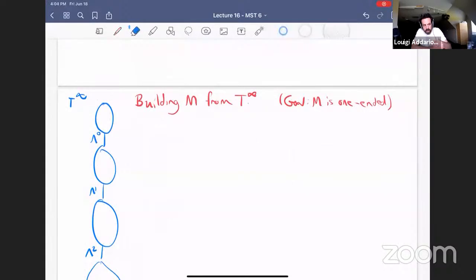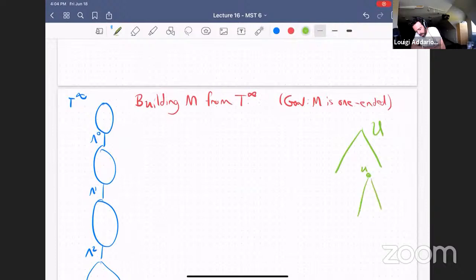Okay, so let me do the following. Remember that for an arbitrary vertex U sitting inside the Poisson-weighted infinite tree, we defined T_U(lambda) to be the subtree containing edges of weight at most lambda.